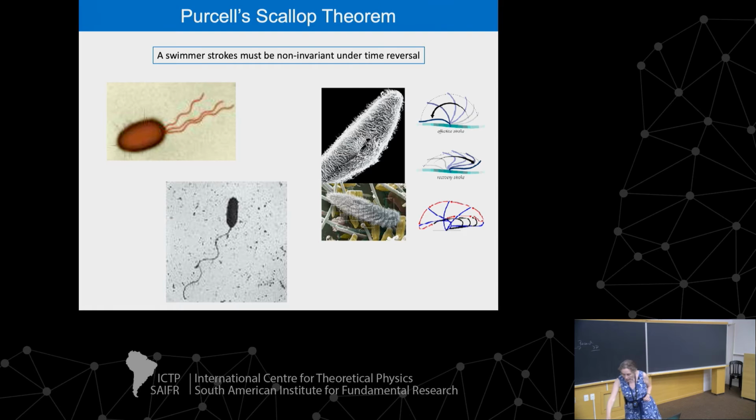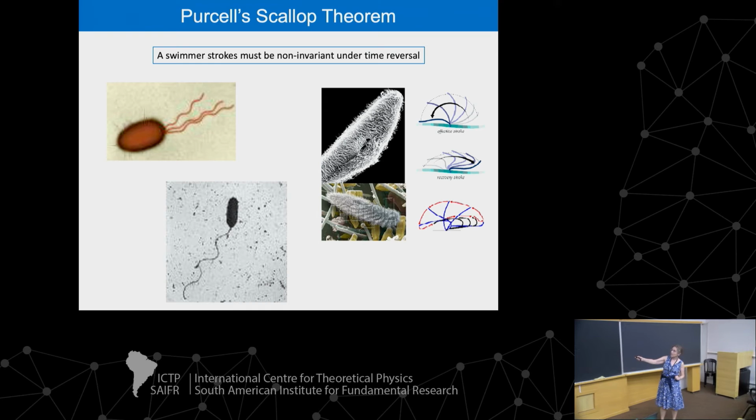And it's why bacteria have tails like this. This thing wriggles its tail, and so there's a wave going down the tail. And a wave has a direction in time. It will look different forwards and backwards in time. And so that's okay. This thing can move. Similarly here, I think this is the one which has this rotating motor there.